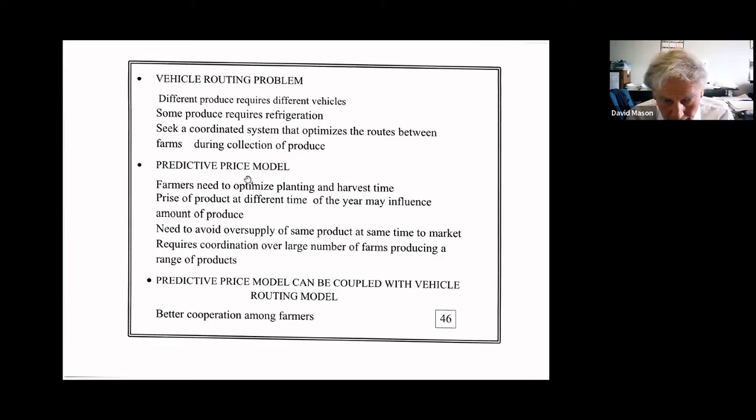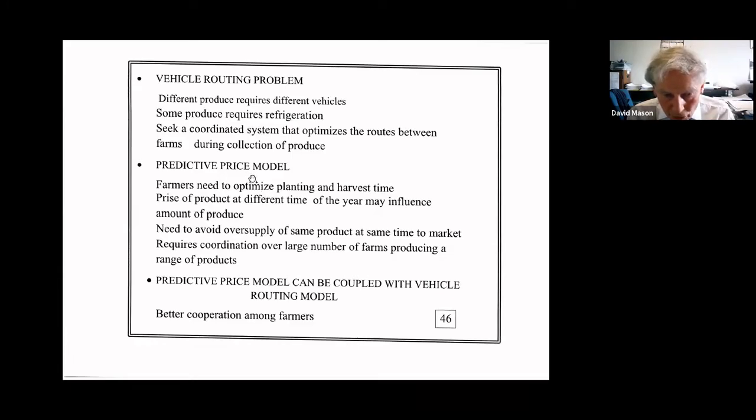And the predictive price model: farmers need to optimize planting and harvest time. The price of the product at different times of the year may influence the amount of produce. And so we need to avoid oversupply of the market.